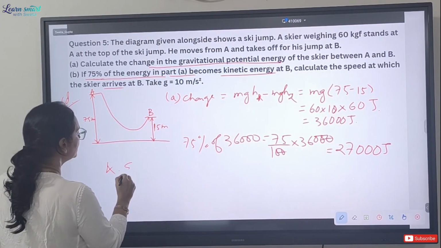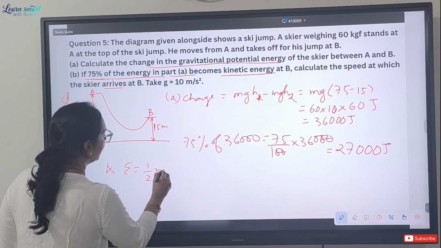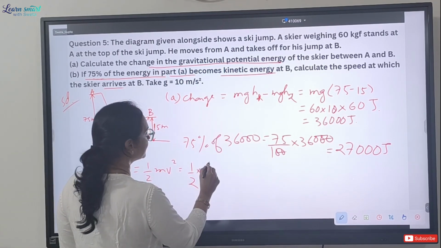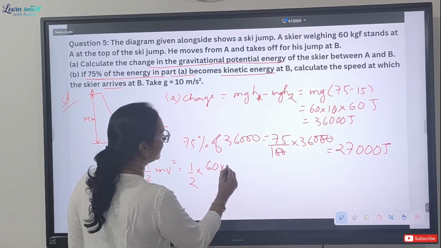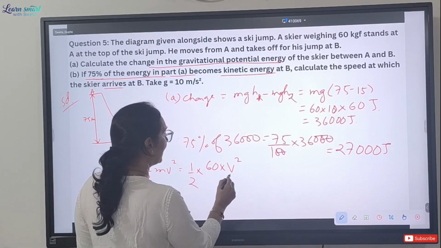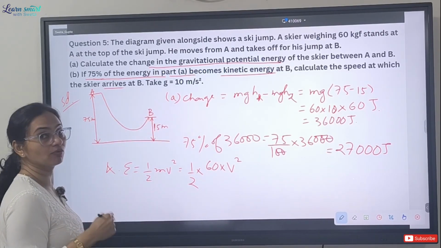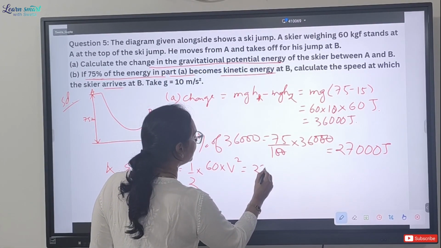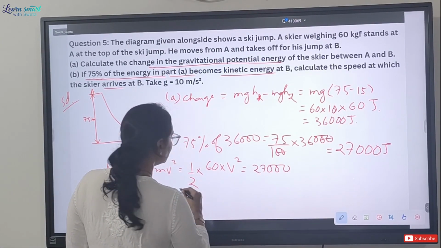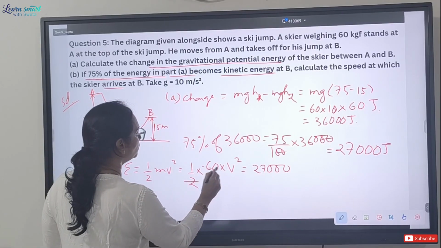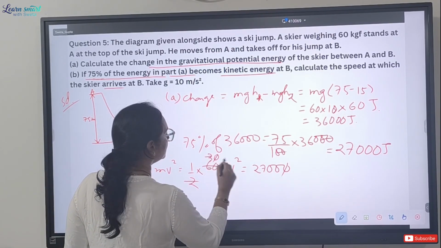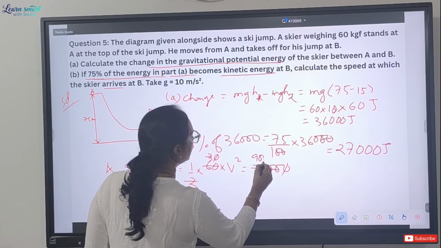Now kinetic energy is half mv square, which is half into mass, which was 60, and we have to calculate. So half mv square is equal to 27,000. So we will equate and get v. So we will write this equals 27,000. Just calculate. 30 times 3 9s are 27, 900.